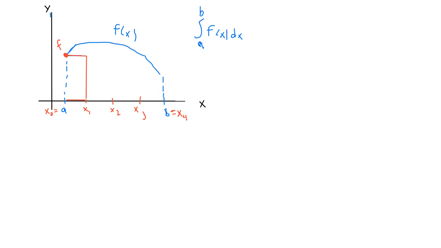What's the height of that rectangle? That's f of x sub what? F of x sub 0. That's right, x sub 0. So you see, you use the left endpoint of this first subinterval going from x sub 0 to x sub 1. You're using the left endpoint to determine the height of that rectangle.